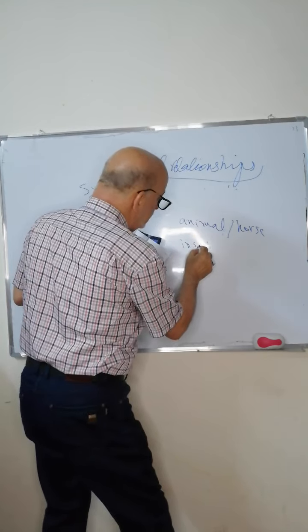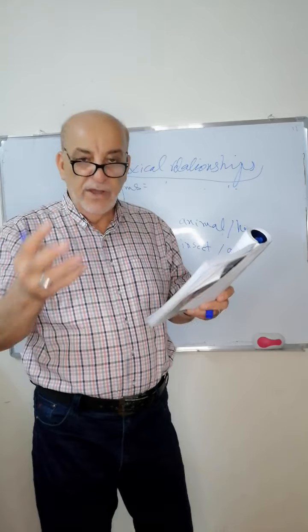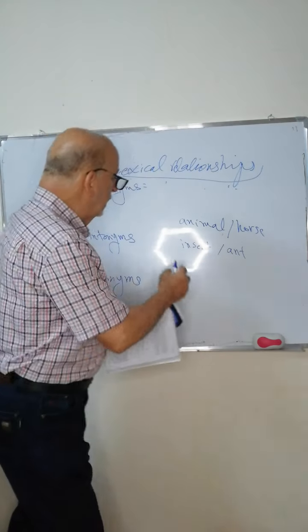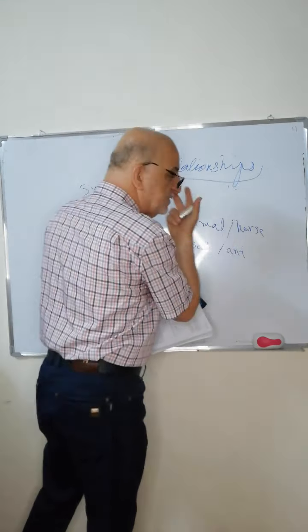Here he says involved in this relationship is the idea that if an object is a rose, then it is necessarily a flower. So the meaning of flower is included in the meaning of rose, or rose is a hyponym of flower. Animal includes horse. As he says here, rose is a hyponym of flower.